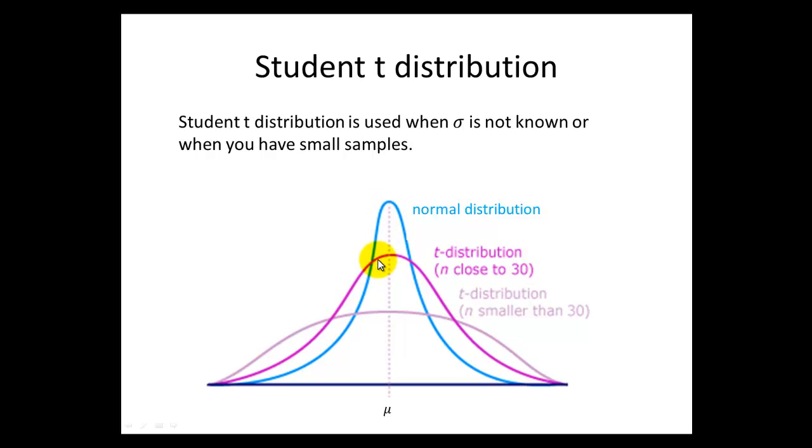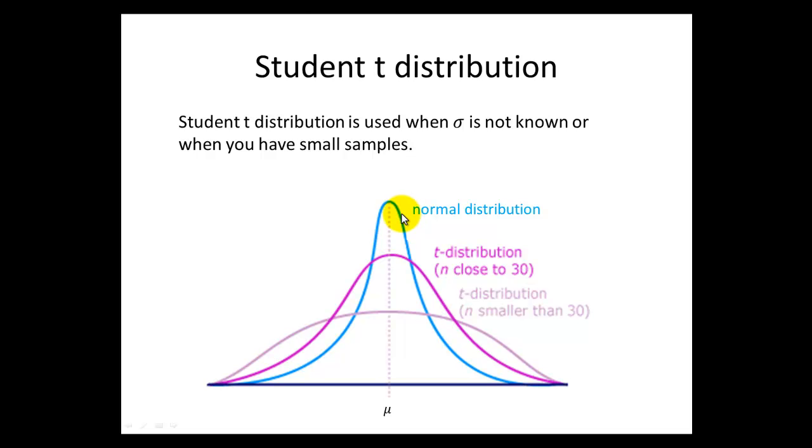Another unfortunate thing is that the student t distribution will change size, height, or width depending on how many you have in your sample, which means that our critical values that we'll use in creating the interval are going to be a moving target. They're not going to stay the same as they do with a normal distribution.